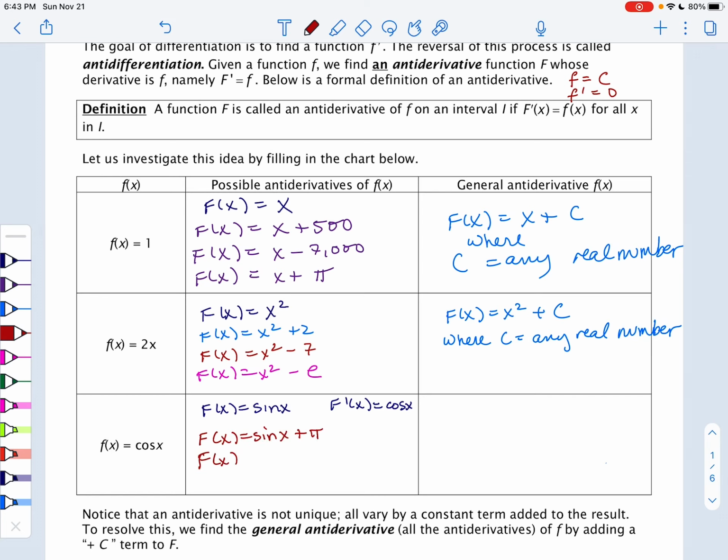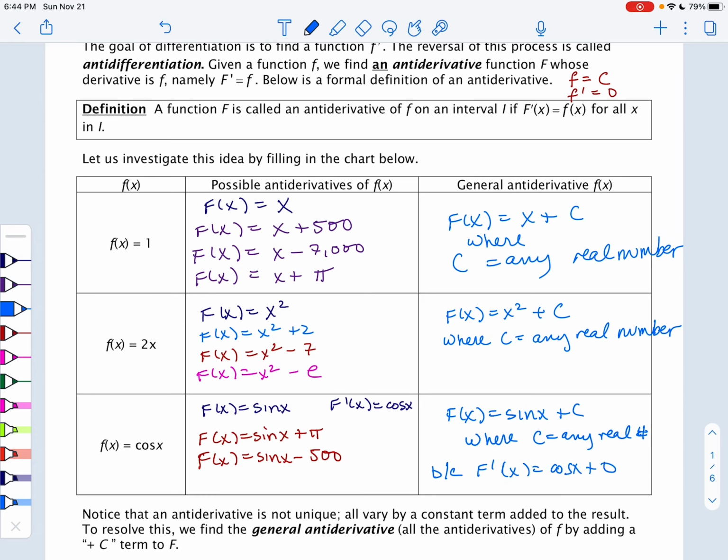We could have sine x minus 500, etc. So our general antiderivative is going to be sine x plus c, where c is equal to any real number, because F prime of x is going to be cosine x plus 0, which is our cosine x. So our big F of x, our general antiderivative, is going to be the function whose derivative is the function we are given.